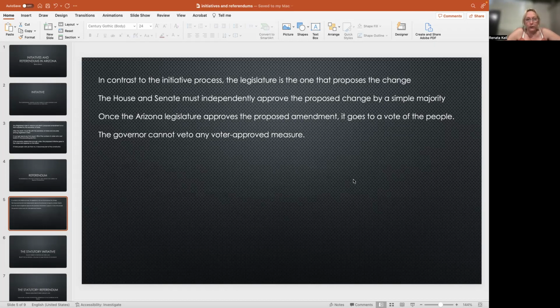Once the Arizona legislature approves the proposed amendment, it goes to a vote of the people. And on this particular one, once the people vote for it, the governor cannot veto an approved measure. Nearly a quarter of the constitutional referendums have involved tax, debt, or spending issues.